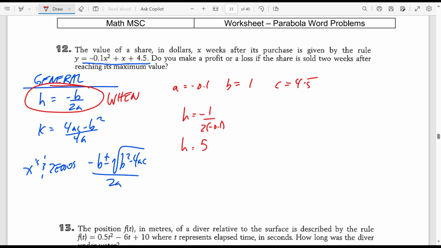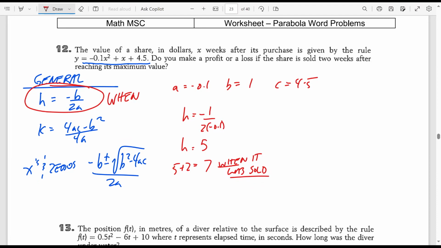Do you make a profit or loss if it's sold 2 weeks after its max value? So now that I figured out when, we can basically just add 2 weeks to it. This is when it was sold. If I have to determine whether or not he made a profit or a loss, I'm going to have to figure out the value of that.